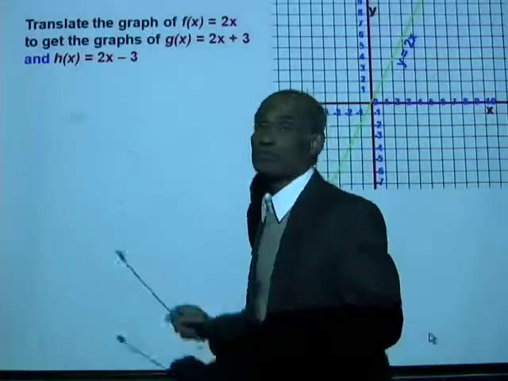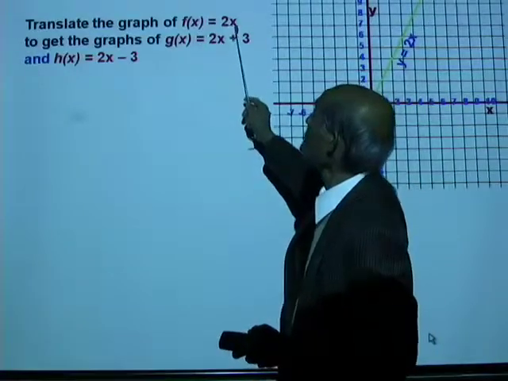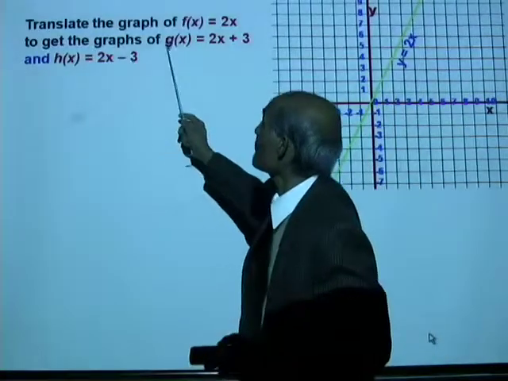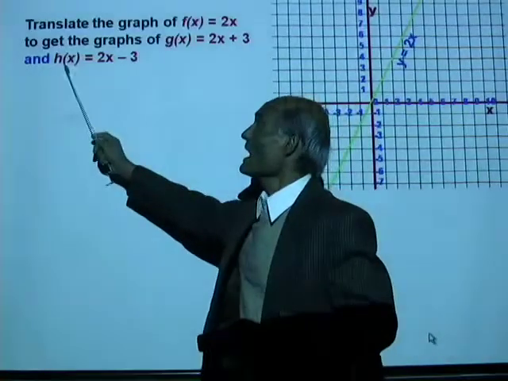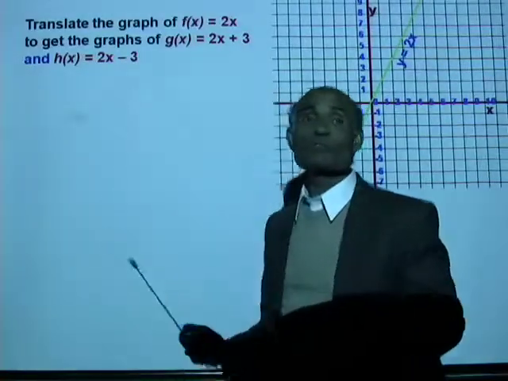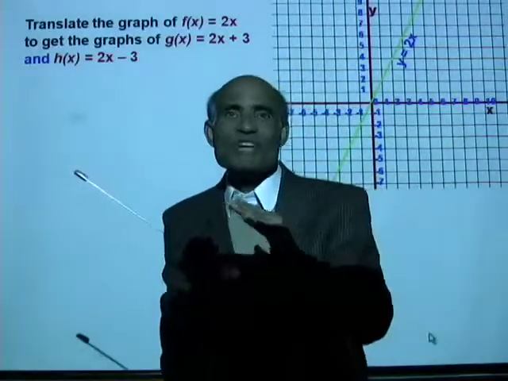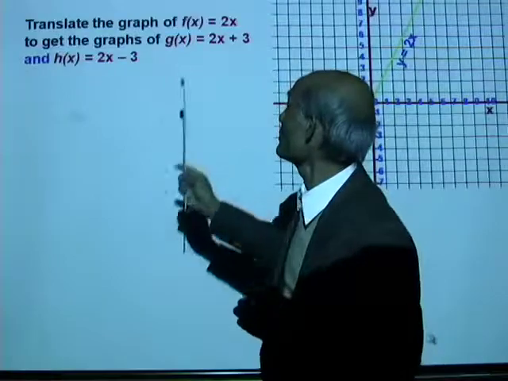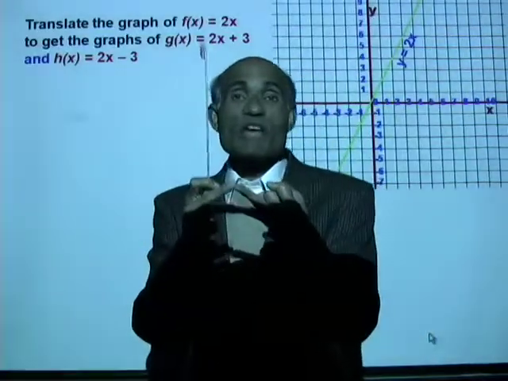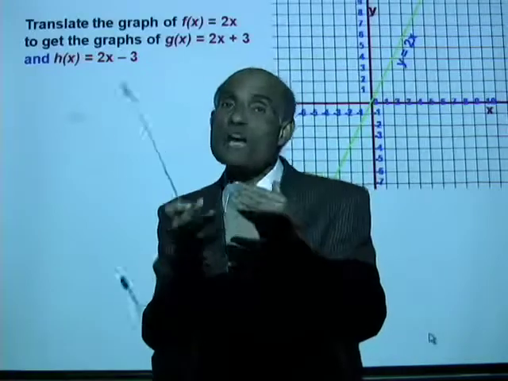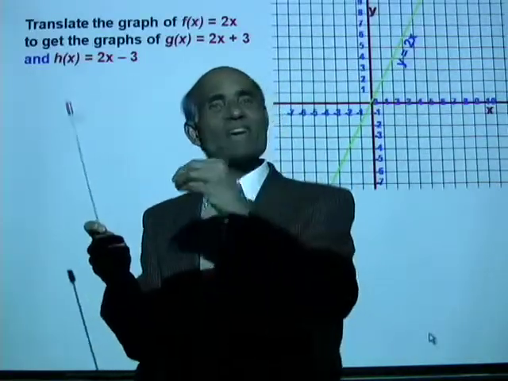Now, let's do this. Translate the graph of f of x equal to 2x to get the graph of g of x equal to 2x plus 3 and h of x equal to 2x minus 3. Now, how do we translate graphs? If you look here, there were two important pieces of information that we used to translate graphs, and those were h and k.